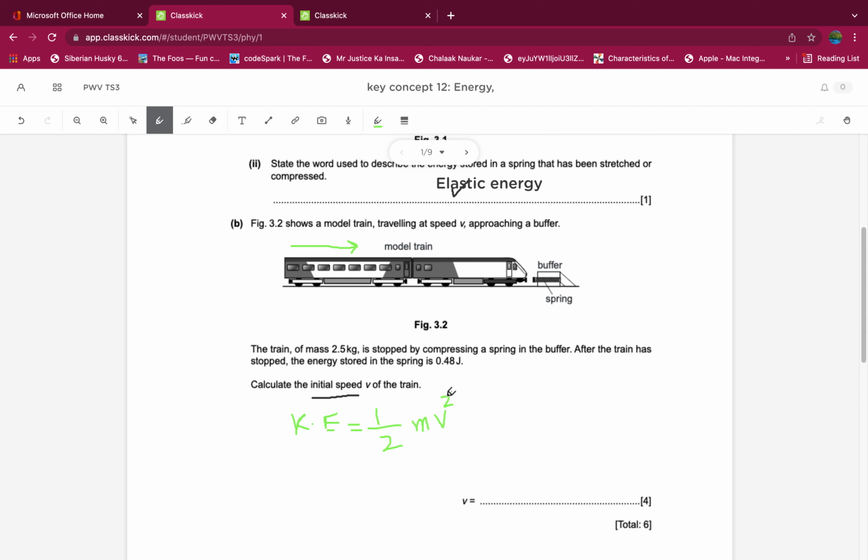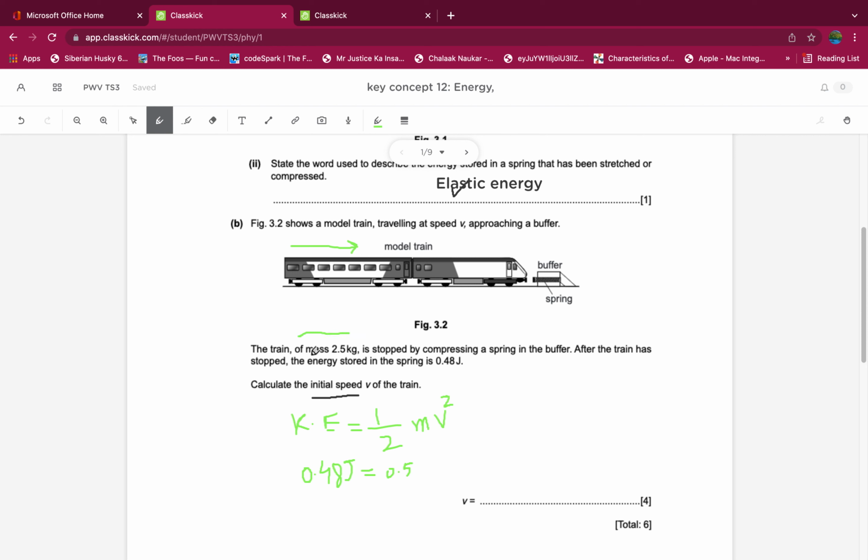So we can write this: 0.48 is the energy that is given in the problem, joule, equals 1/2, which means 0.5, times M. What is M? M is the given mass.